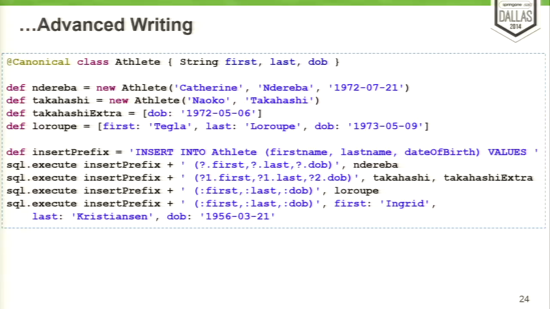We're going to create ourselves a domain object. So canonical class Athlete: first, last, and date of birth. It's a little domain object, and we're going to create some of these. So I've got one athlete here. I've got another athlete. This particular athlete, I didn't fill in the date of birth. I happen to have that in a map. And then I've got just a straight map, someone's information in a plain old map.